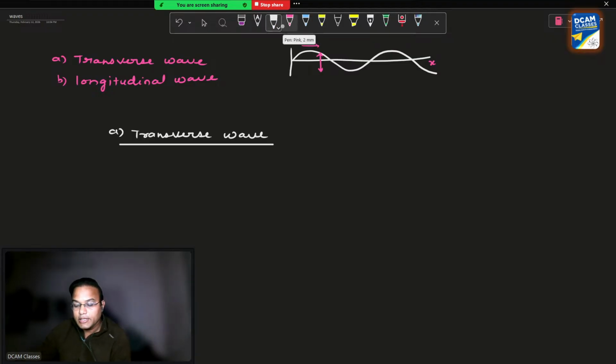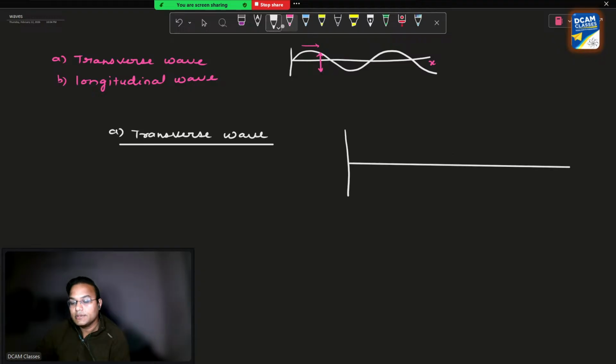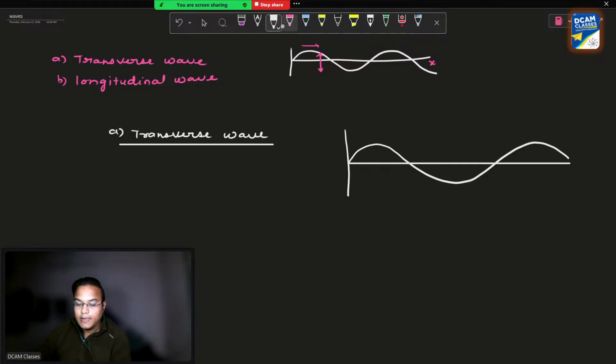But for solving problems, there are a few important terms related to it that let me tell you first. This is the wave. The distance between two similar points is known as wavelength. You know this one, no?